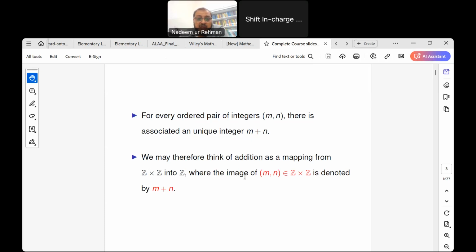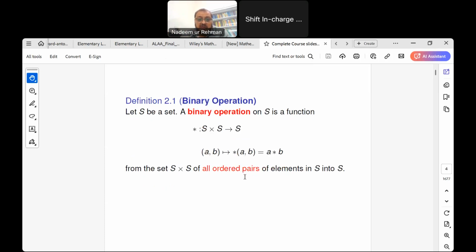So we may think of addition as a mapping from Z cross Z into Z, where the image of (m, n) in Z cross Z is denoted by m plus n.